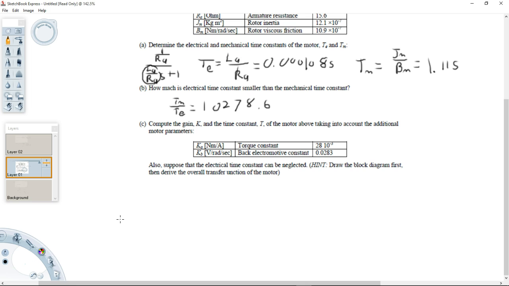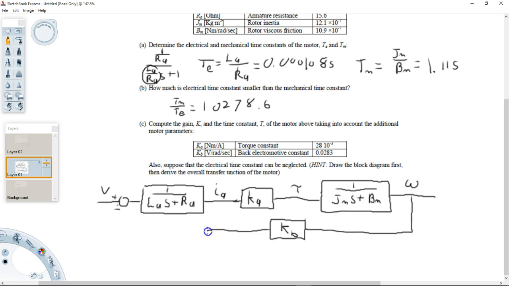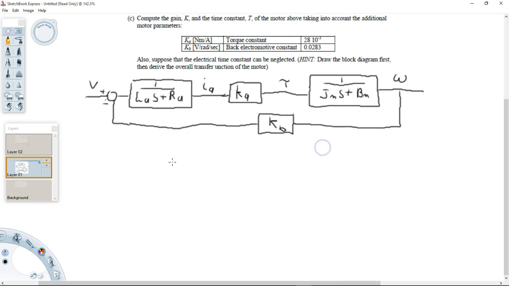So for this one, I'm going to draw the block diagram for the brushed DC motor. So, like I was showing you before, the time constant was insignificant compared to the mechanical time constant.